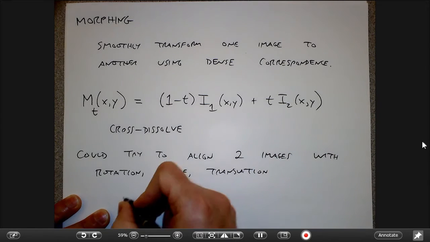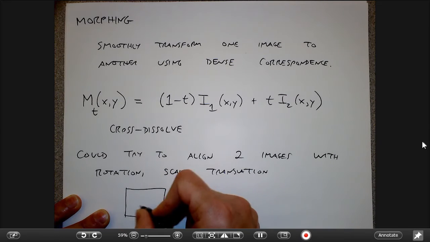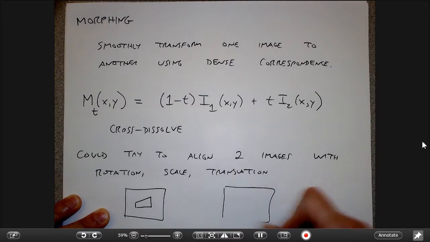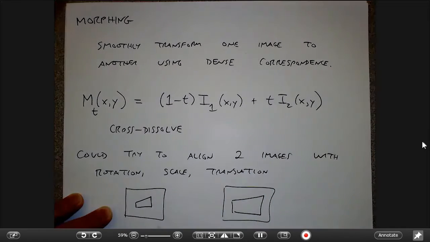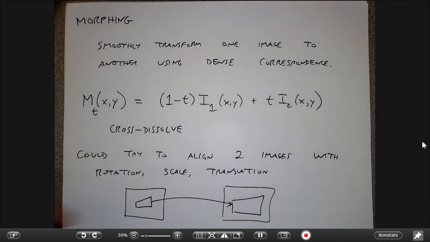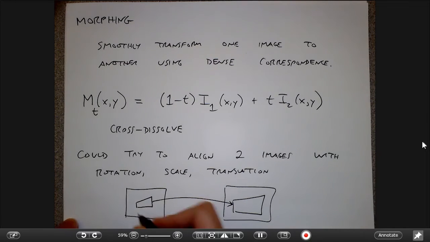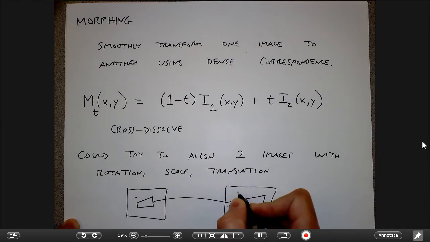So it's like saying, I'm going to take the car in image 1 and the car over here in image 2, and I'm going to try and find the best mapping from one to the other, like saying I want to take the bounding boxes of the cars and make sure that they align pretty well. If I think about doing that, that is basically one answer to the question of correspondence between the two images. Once I estimate that transformation, that tells me how to push every pixel from image 1 over to image 2.